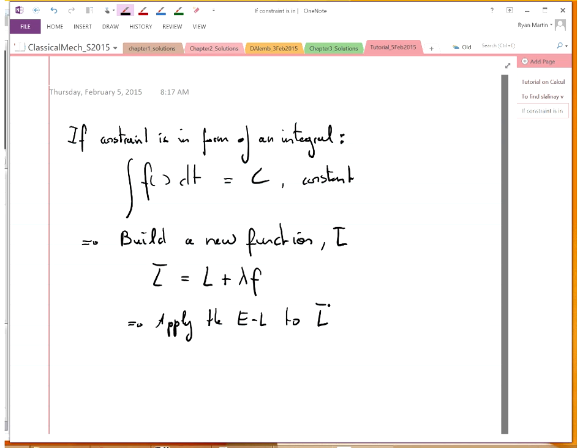Okay, so that's a summary of all the math that we need from variational calculus.